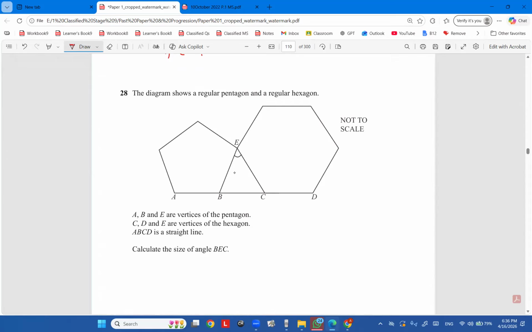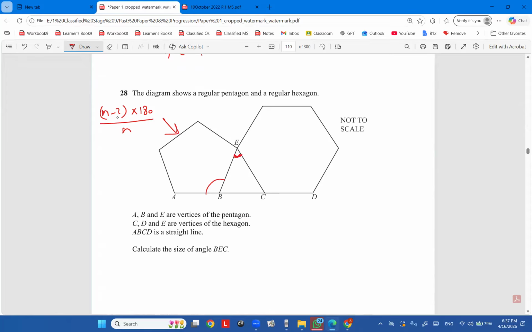This example asks me to find the angle BEC, which is the angle marked with this small sign. They're telling you that this is a regular pentagon, so you can find any of the internal angles using the rule n minus 2 multiplied by 180 over n.